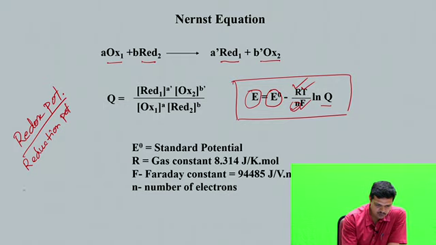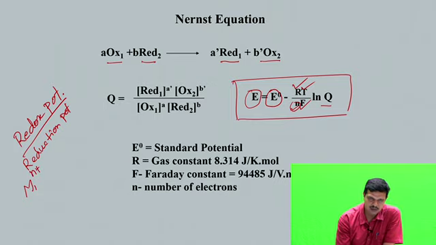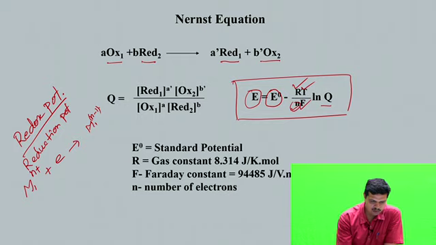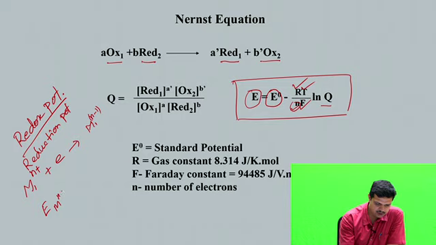Very strictly, as an example, suppose this is my metal M and this is the metal cation M+, and I am giving one electron, and it is being reduced and becomes M. This is a reduction reaction, and if I tell the reduction potential of this couple, we generally represent it like this, say x volt or millivolt, anything.